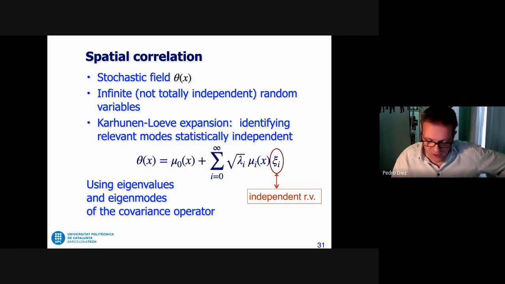And with a very important remark: the xi's collect all the randomness of theta. Here, it is separated. The randomness does not depend on x, and all the dependence on x is in the modes, and moreover, the xi's, the new random variables, are independent of each other. And this is what we're going to use in the assignment corresponding to this lecture.